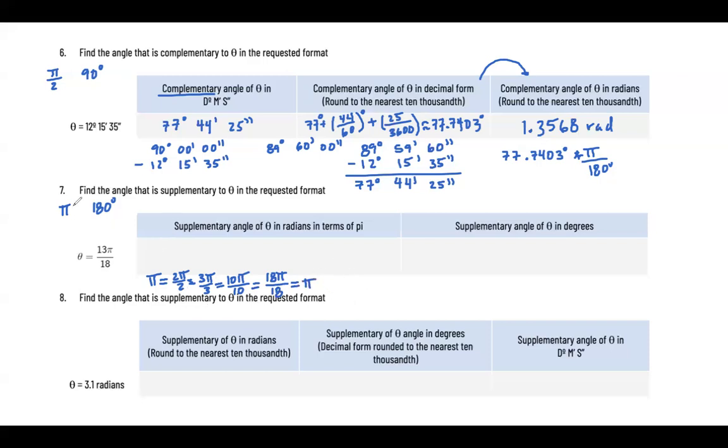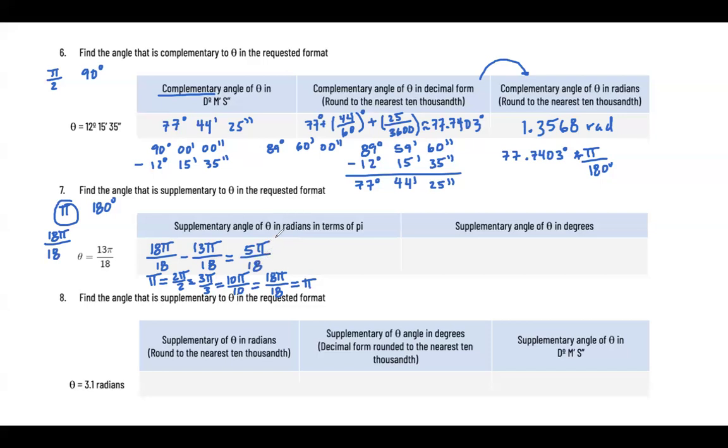So if you want to reach pi, that means that in reality, what you want to reach is 18 pi over 18. And how far are we from 18 pi over 18? So we're going to write 18 pi over 18 minus 13 pi over 18 gets you 5 pi over 18.